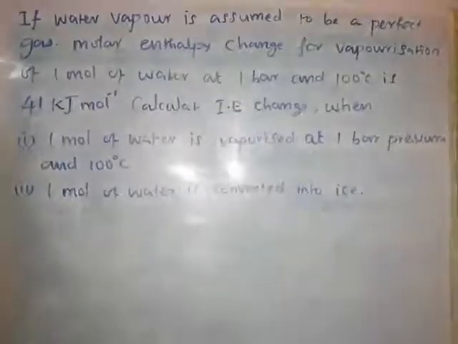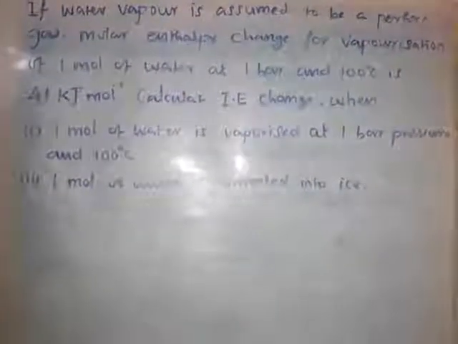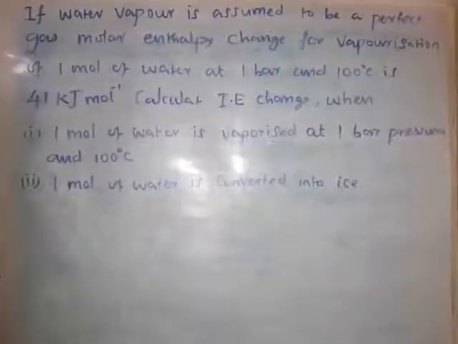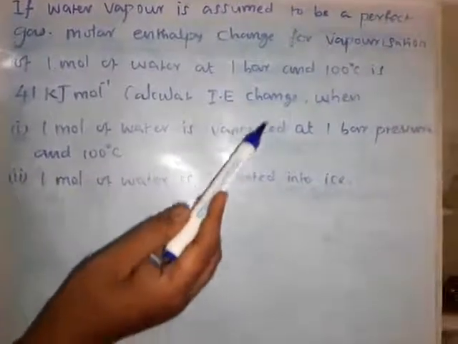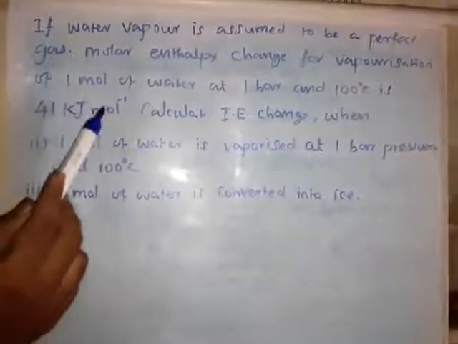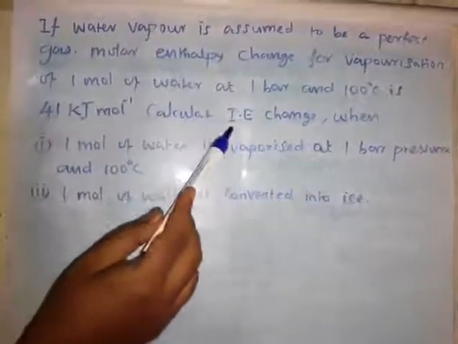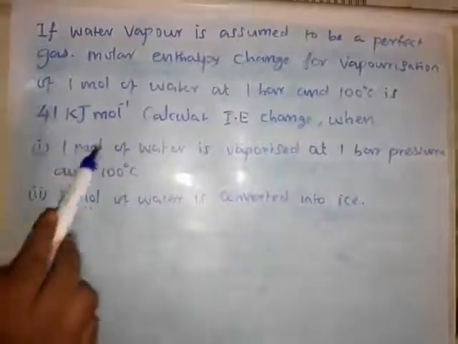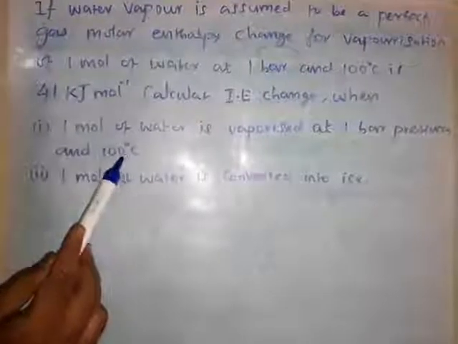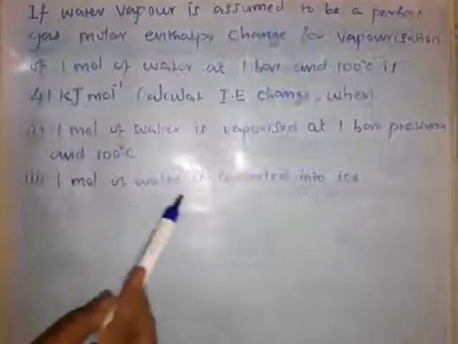Look at this problem. If water vapor is assumed to be a perfect gas, molar enthalpy change for vaporization of 1 mole of water at 1 bar and 100 degree Celsius is 41 kilojoule per mole. Calculate the internal energy change when 1 mole of water is vaporized at 1 bar pressure and 100 degree Celsius. Second, 1 mole of water is converted into ice.